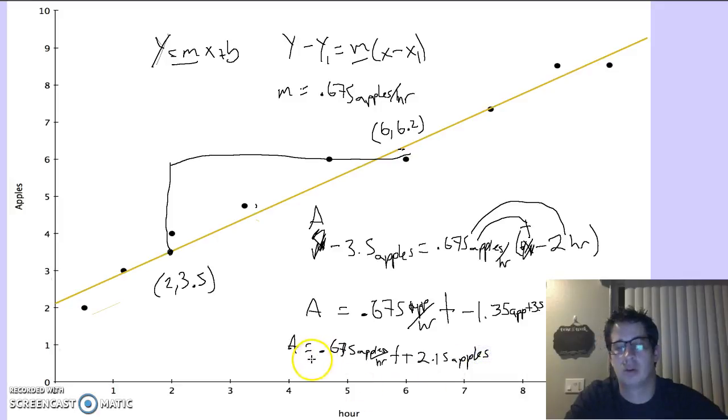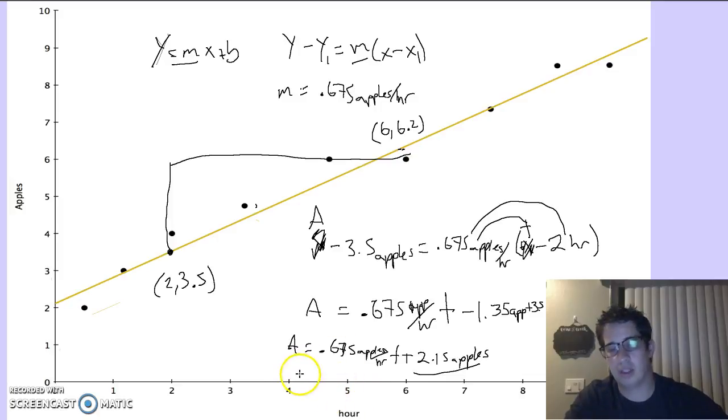Alright, so the last thing we'll do real quick is some interpretation. This 2.15 apples is referring to our starting place, our intercept here, the amount of apples that we started with. And then the number of apples increased at a rate of 0.675 apples per hour after that.